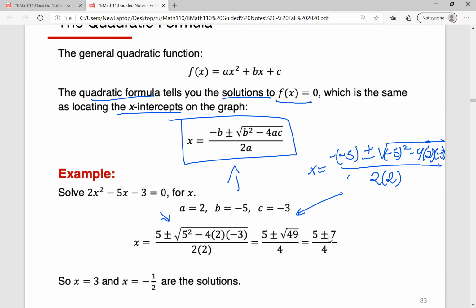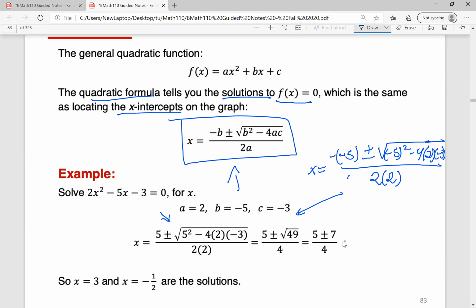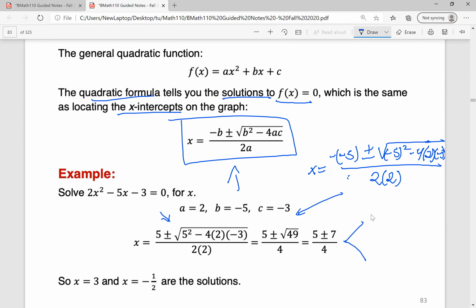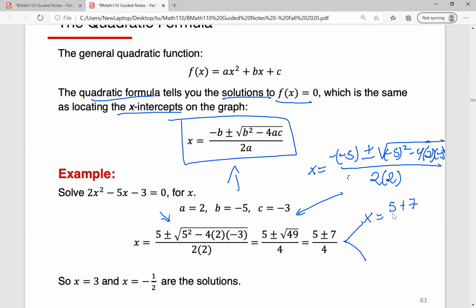So the square root of 49 is equal to 7, and then you divide by 4. So then you will get 2 cases. One is x equal to (5 plus 7) over 4, and the other one is x equal to (5 minus 7) over 4. And that will give you x equal to 3 and x equal to -1/2. So they are the solutions.